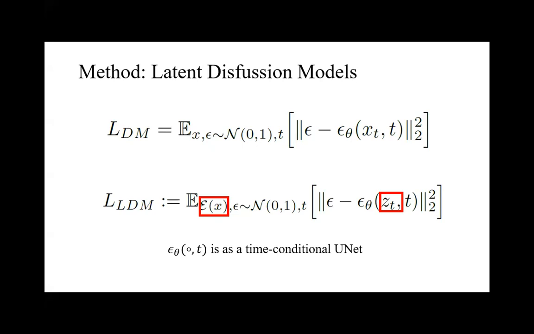They do this conditioning by this T, in which they compute a sinusoidal vector embedding of this time T, and then they inject this into the UNet, and that's how the UNet actually knows in which step it is.